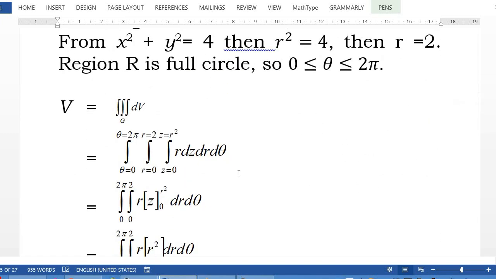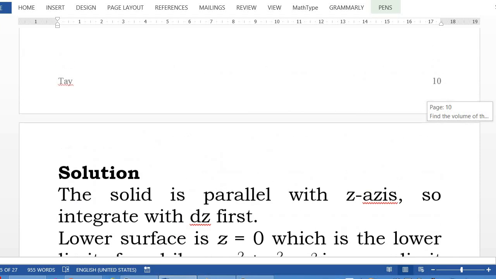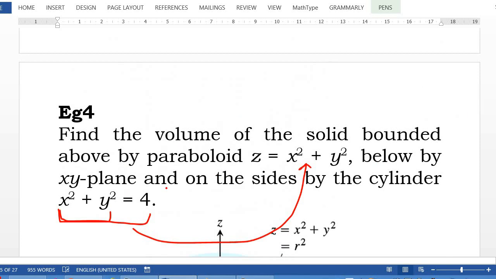Z equal to 0, the bottom is flat, and the top surface is a paraboloid. The side is a cylinder, x squared plus y squared equal to 4. It is a paraboloid inside the cylinder, and they intercept at z equal to 4, because when you plug in x squared plus y squared equal to 4, z equal to 4.